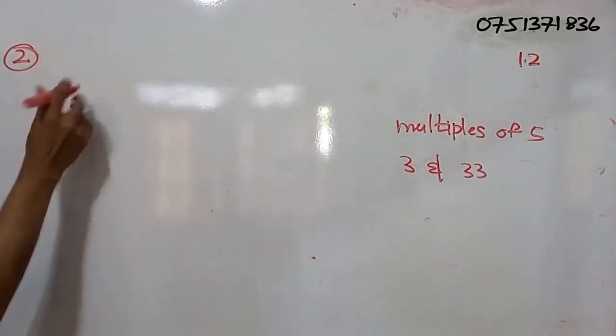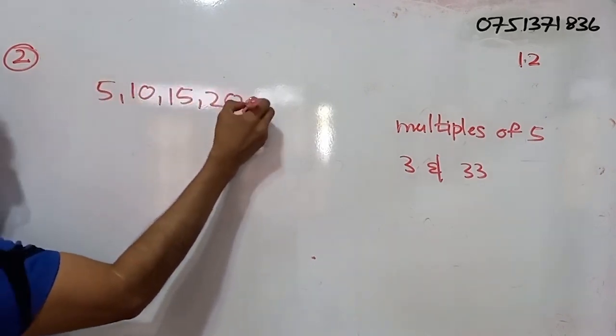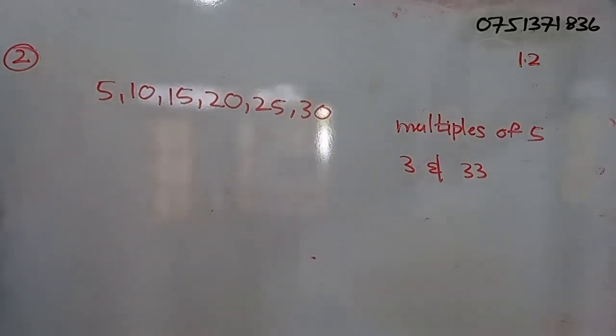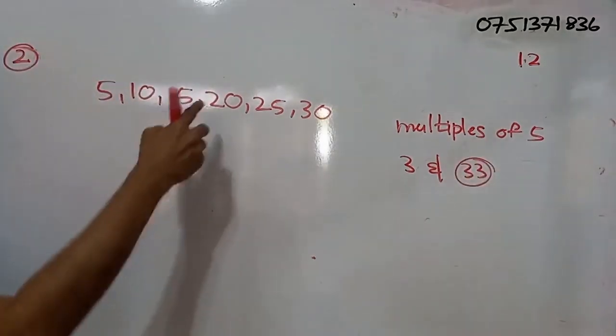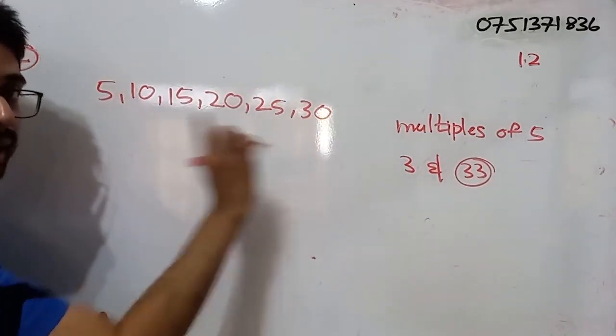Right? So 5, 10, 15, 20, 25, 30, we cannot take 35 because it exceeds 33. So this is the answer. And also note that this is a finite number pattern.